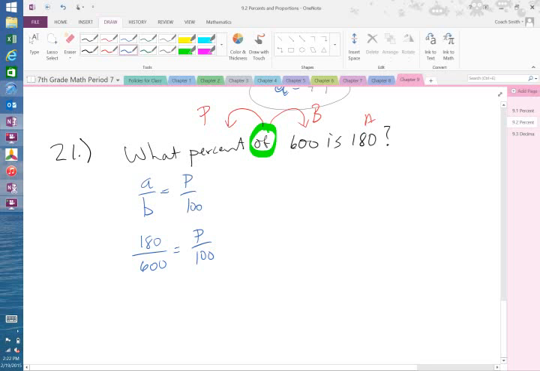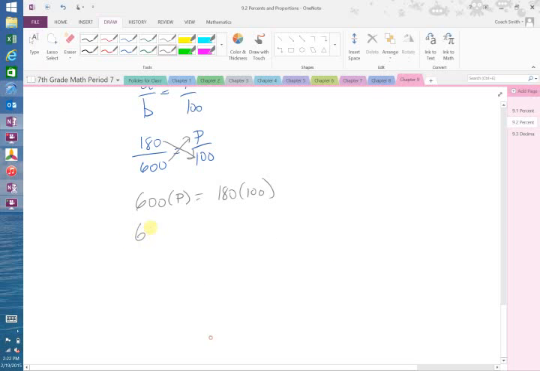Okay? Now you cross multiply. That gives me 600 times P is equal to 180 times 100. And that gives me 600P equals 18,000.